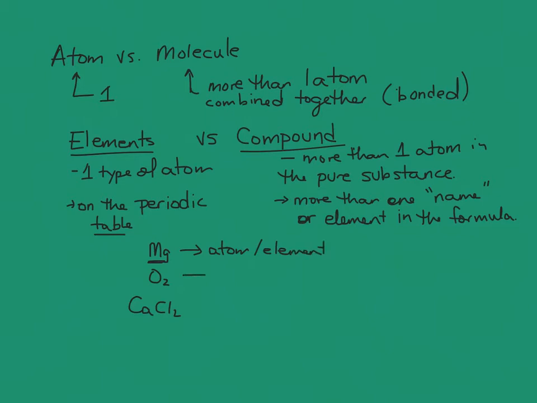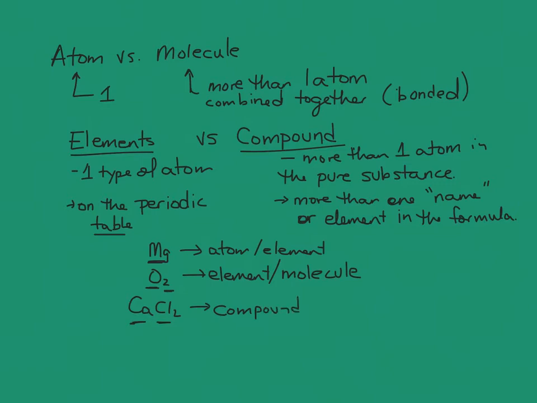Okay? O2 contains one type of atom, so we can say it's elemental, but it's not an atom anymore. It is a molecule because it has more than one atom making it up. And CaCl2 is made up of two different elements, so that makes it a compound.